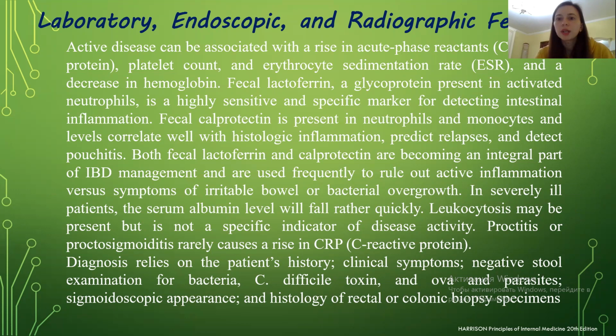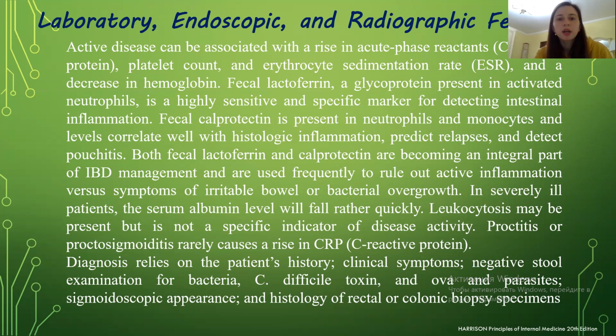Fecal lactoferrin, a glycoprotein present in activated neutrophils, is a highly sensitive and specific marker for detecting intestinal inflammation. Fecal calprotectin is present in neutrophils and monocytes, and levels correlate well with histological inflammation, predict relapses, and detect pathogens.